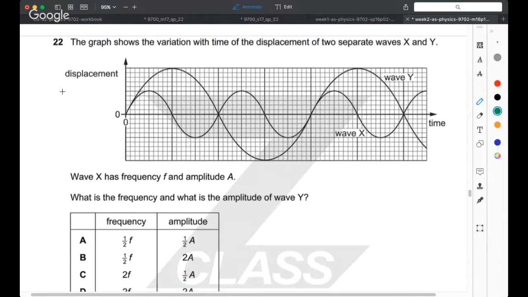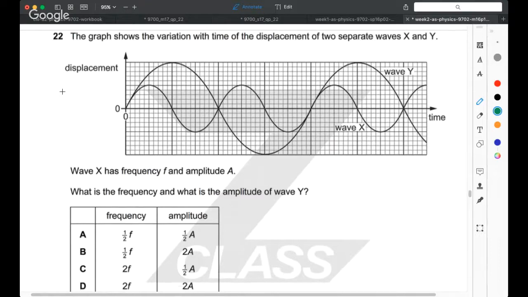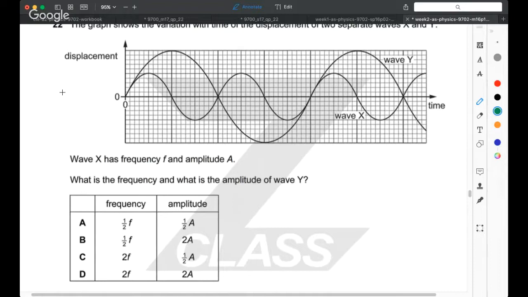So X has a... You have two waves, of Y. So the frequency in Y is half the frequency of X. Yeah, it's half because it's half as many.